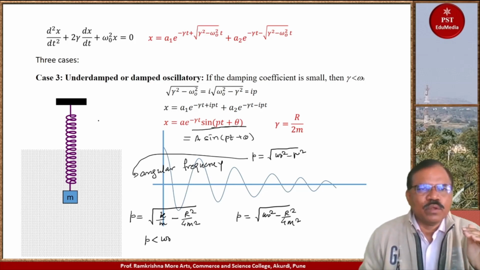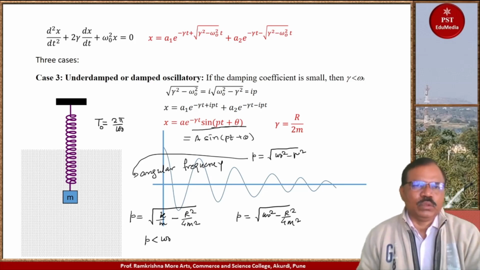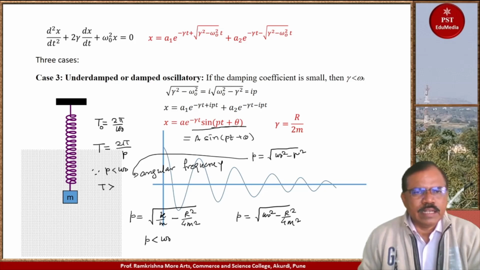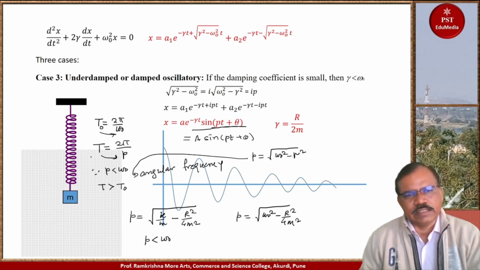Now the period, we know, in undamped oscillations is T is equal to 2 pi upon omega 0. Let us call this T0. And in damped oscillations T is equal to 2 pi upon the angular frequency, that is p. Now since p is less than omega 0, we get T greater than T0, because the relations are inverse.